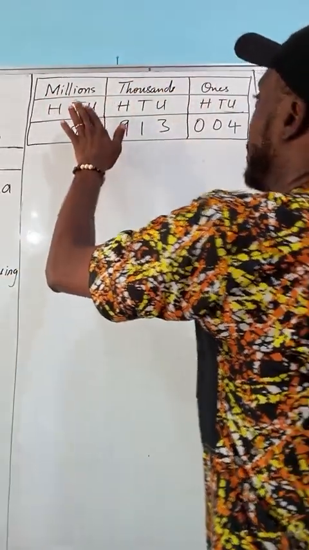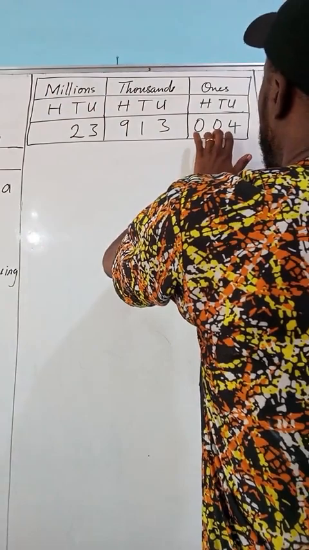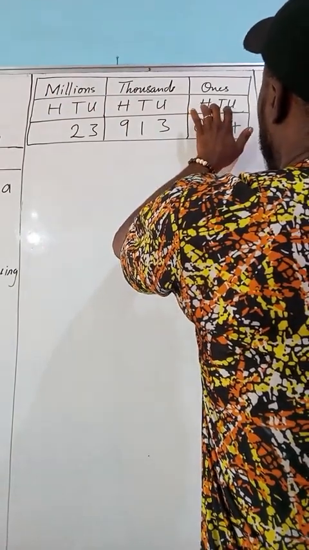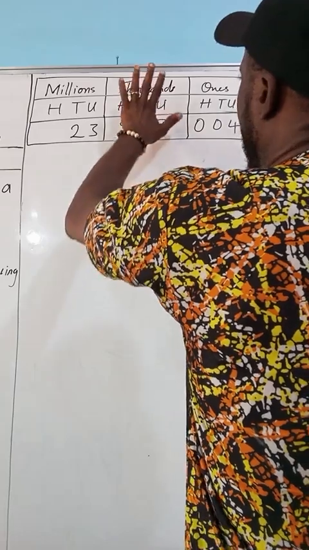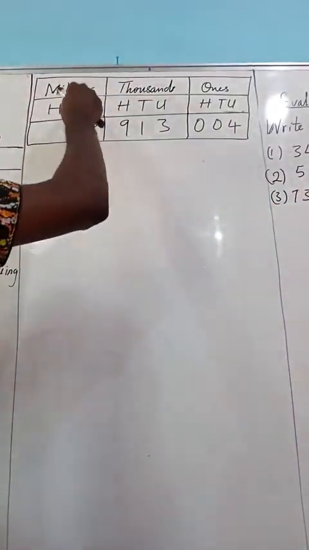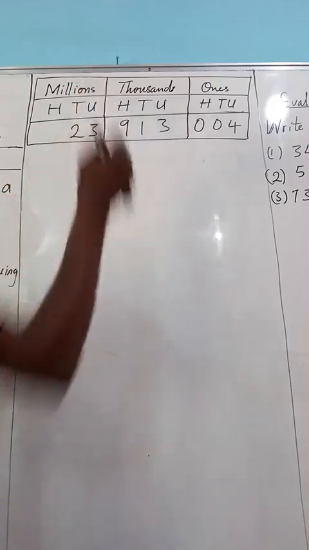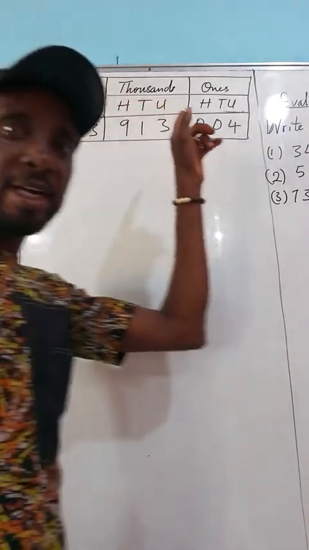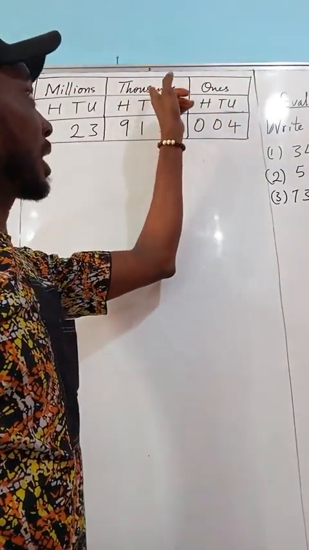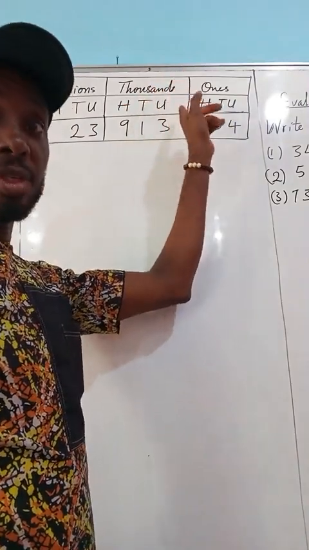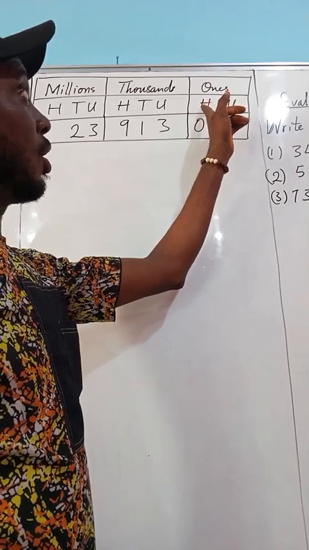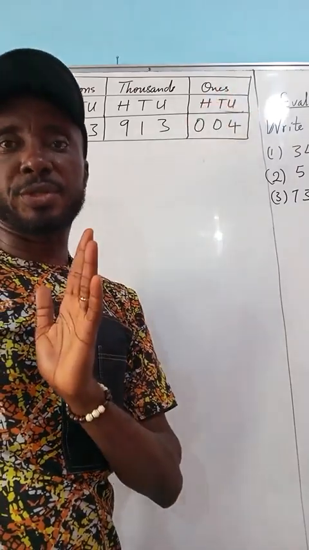Now we have this group under ones, this group under thousand, this group under million. Then this one is hundreds of million, tens of million, units of million. And the next one here is hundreds of thousand, tens of thousand, units of thousand. And this one is hundreds, tens, units, that is ones.